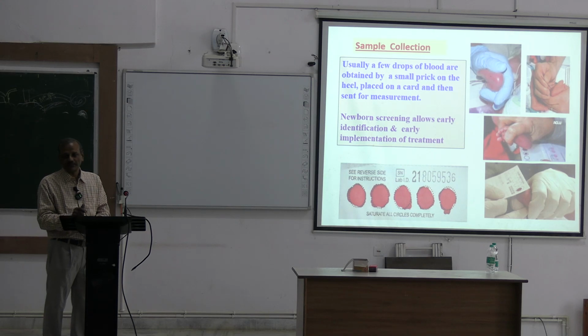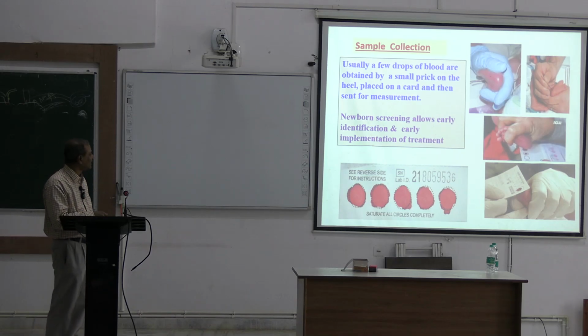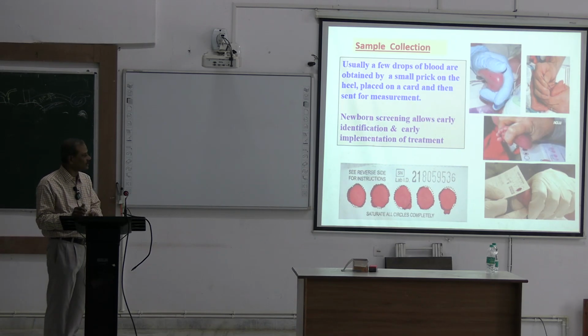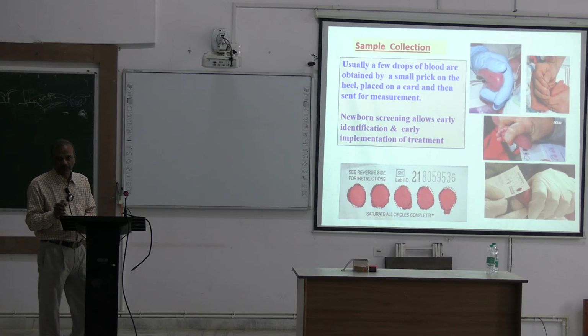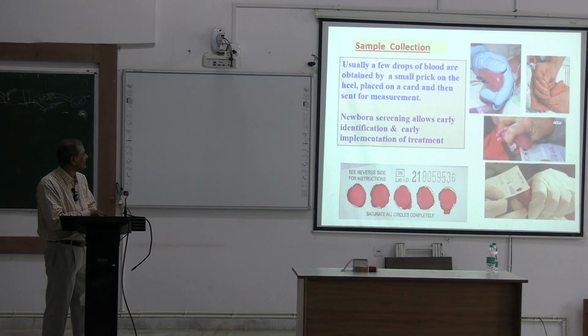That is how neonatal blood testing or screening is done. Usually a few drops of blood are obtained from a small prick made on the heel, and it allows early identification of any biochemical parameter as well as genetic testing. Because blood is available, DNA will be available, you can do the test.